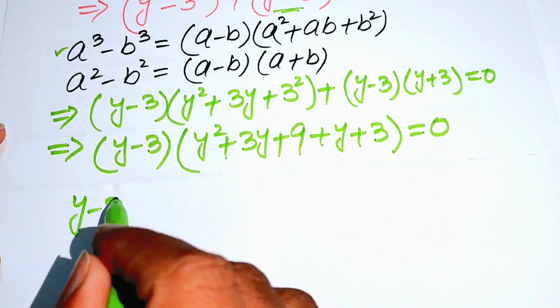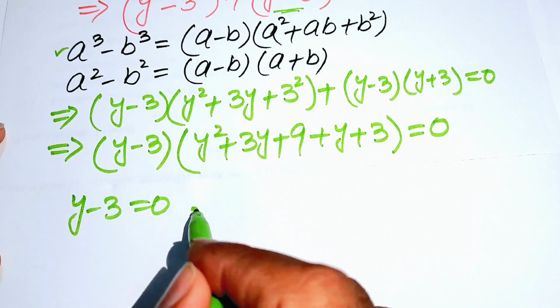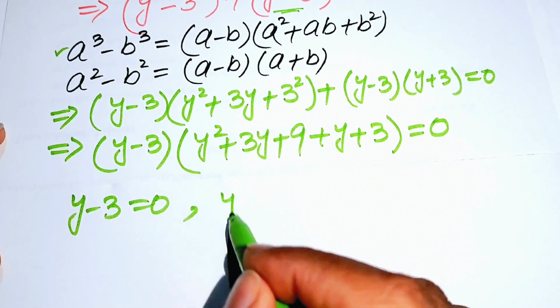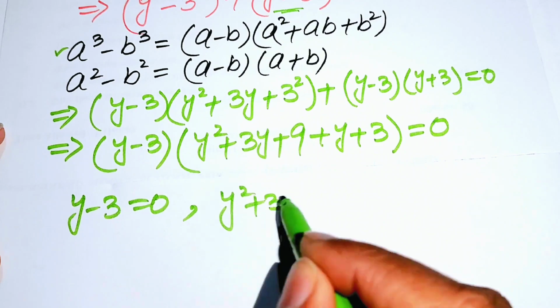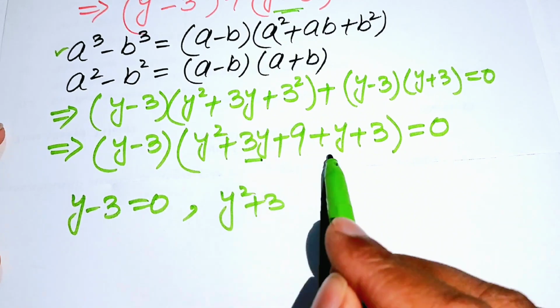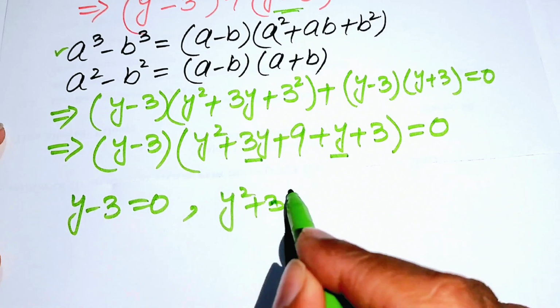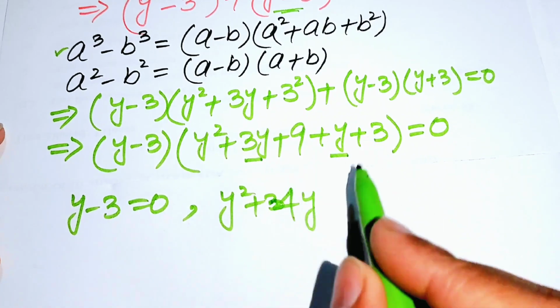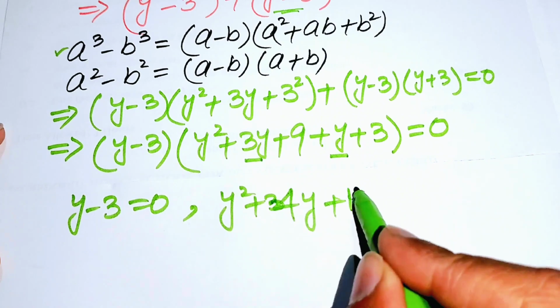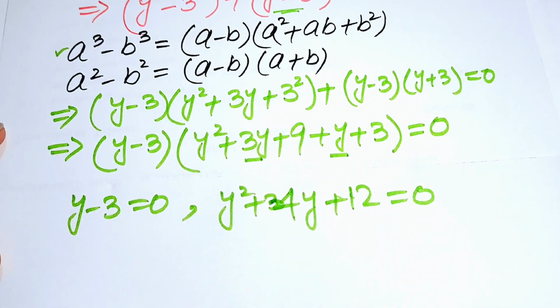Our first case is we write y minus 3 equals 0, and the second case is we write y squared plus, here we add 3y and y, it becomes 4 times y, and 9 plus 3 becomes 12, and this whole equals 0.